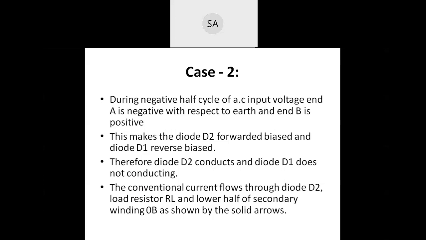During the positive half cycle, D1 conducts and current flows through D1, RL and the upper part of the secondary winding, and during the negative half cycle, current flows through the diode D2, RL and the lower part of the secondary winding, in the anti-clockwise direction.